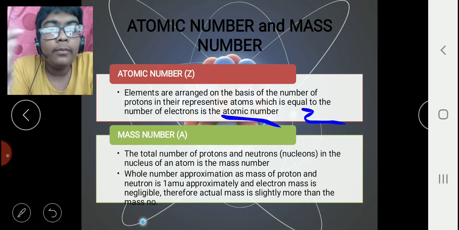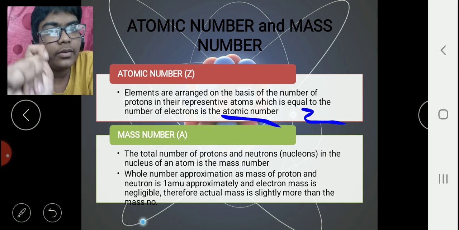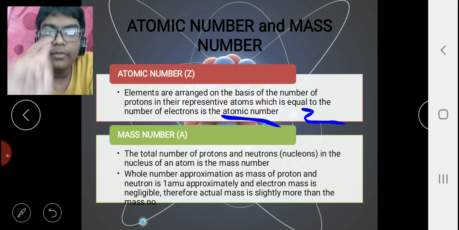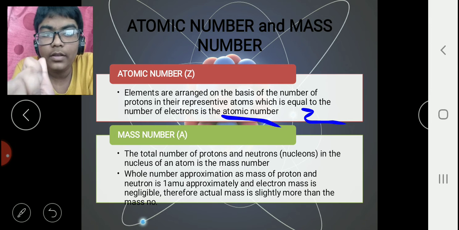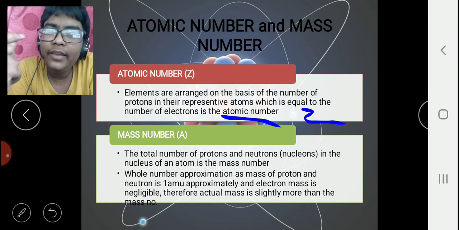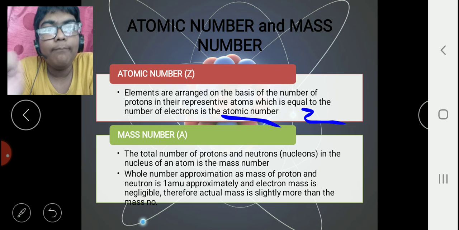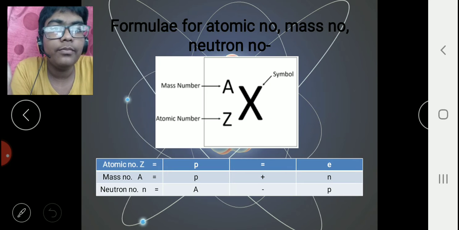The electron mass is negligible, but a very slight electron mass is present. It cannot be totally zero. Therefore, the actual mass can be very slightly more than the mass number. Just for our convenience, we have made that into a whole number approximation.